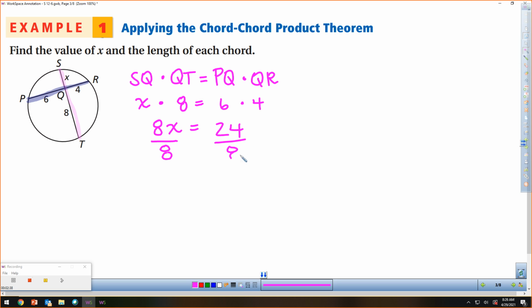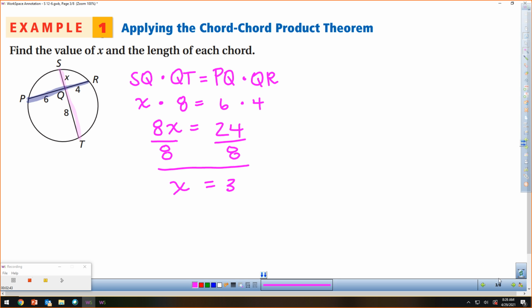Divide both sides by 8, and you get that X is 3. And that's it. Okay, so that's the first one. If you have two chords that intersect, you multiply them together.